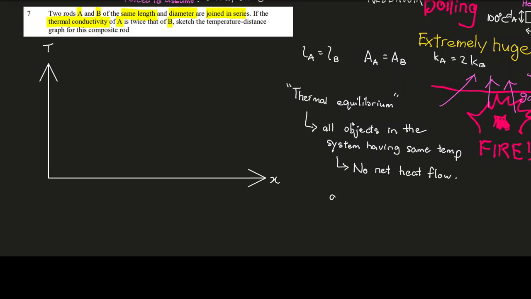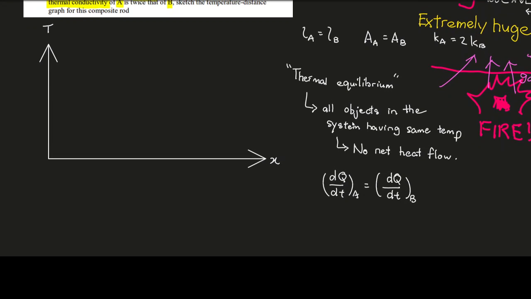If I assume it to be steady state, then dQ/dt of A is equal to dQ/dt of B. So what happens after that is, we can sub in our formula, negative KA AA delta TA over LA. And this one will be negative KB AB delta TB over LB.